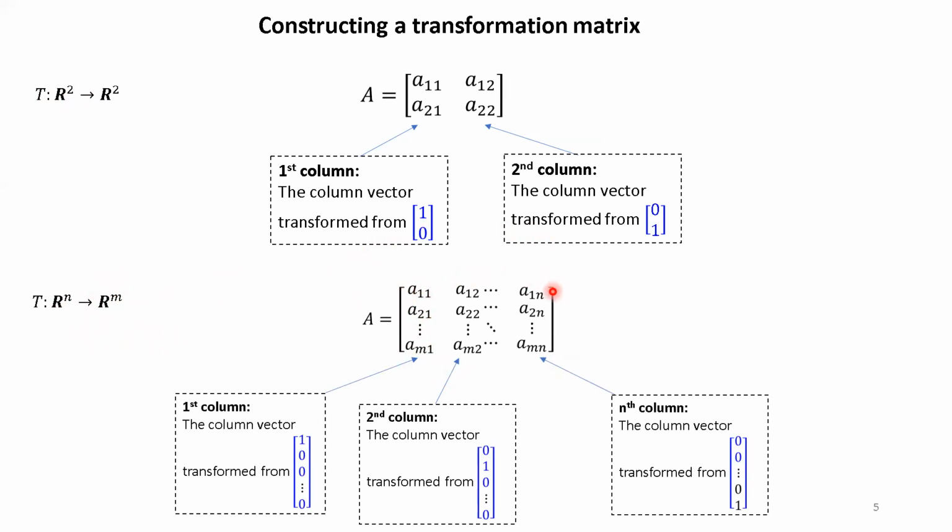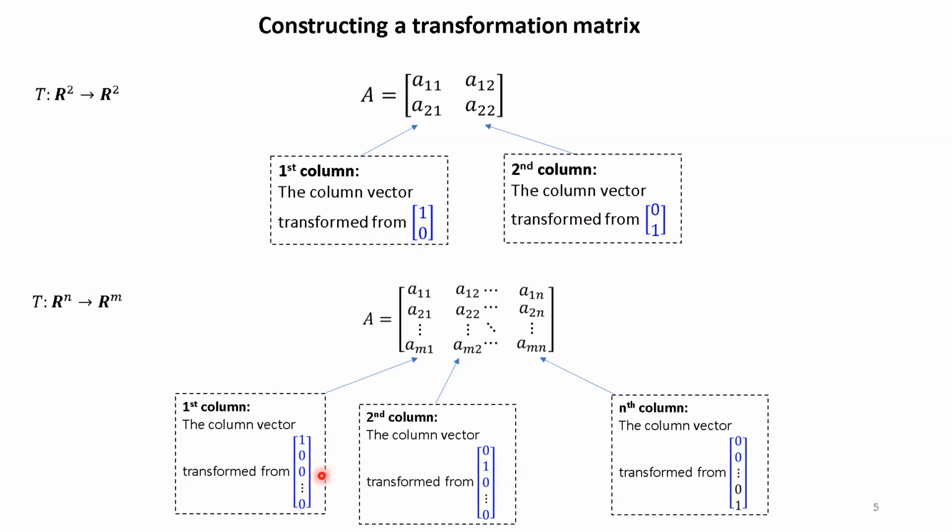But the idea of constructing this matrix is really the same. This time you cannot just consider (1, 0) and (0, 1). Instead, you need to consider the n basis vectors in this n-dimensional space.